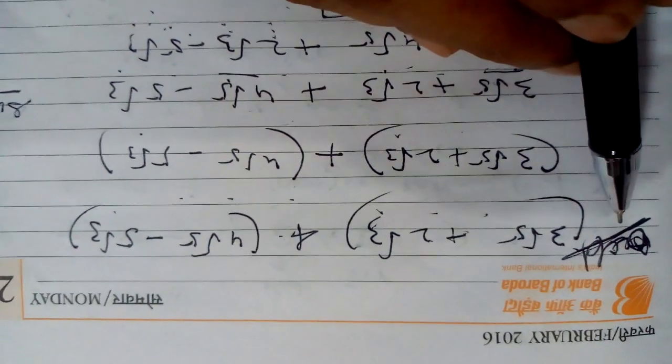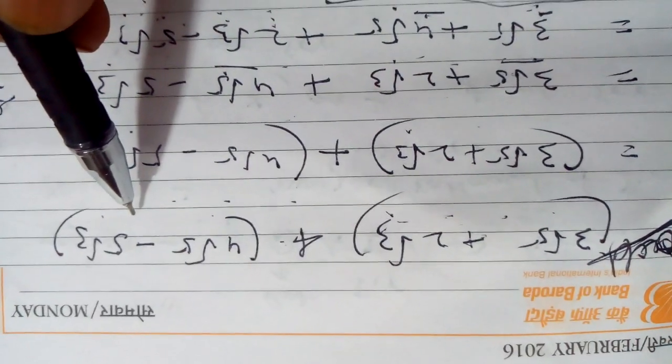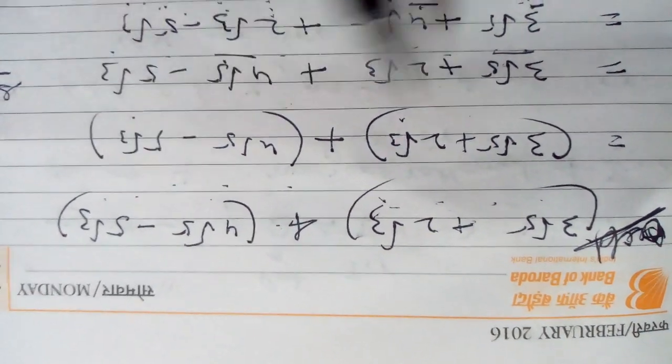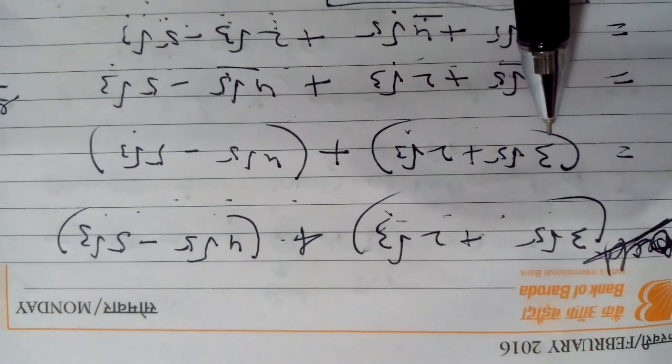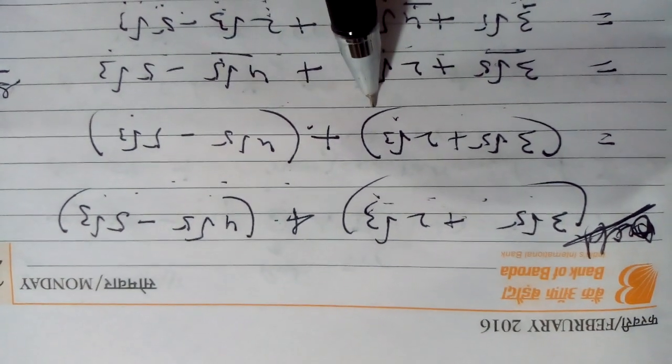Another example you will see: add 3 root 5 plus 2 root 3 and 4 root 5 plus 5 root 3. The add sign is given, so put a plus sign in between and write both numbers in brackets. Then open the bracket.